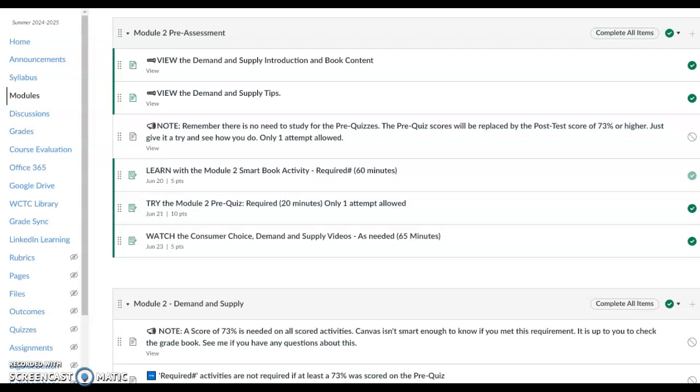Your main assignments are due on Sunday nights at midnight: you have a Canvas-based assignment that's going to be due, and you're also going to have a Connect assignment that's due as well. So two main assignments are submitted and due every Sunday night to conclude each module.